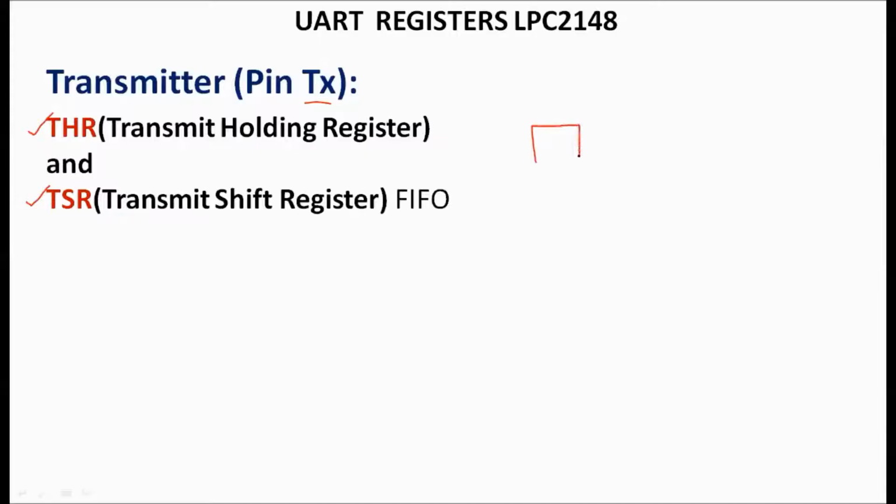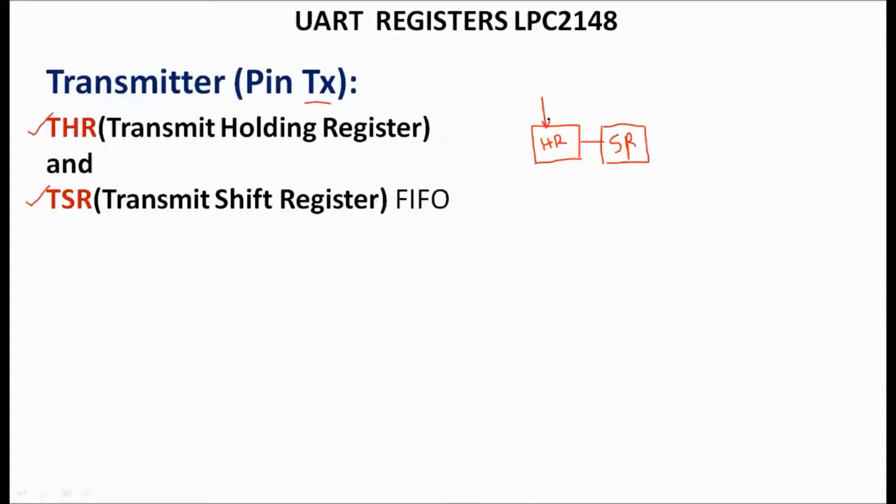First, there will be the THR register, the transmit holding register, and this is connected to the TSR register, the transmit shift register. The user will store data in the THR register. Here we'll store the ASCII value of the character which we want to transmit serially.